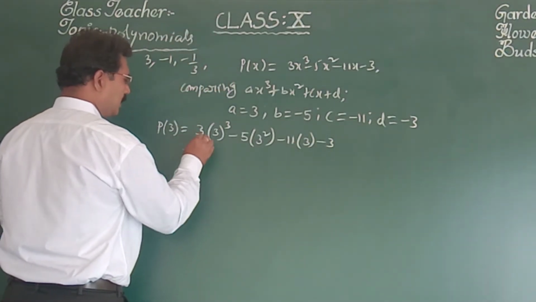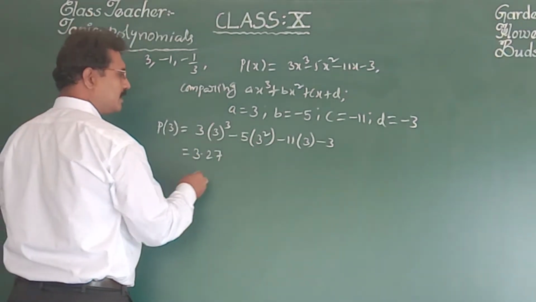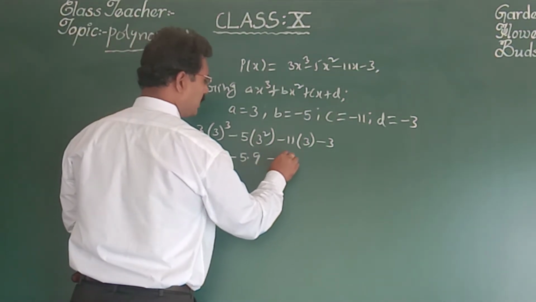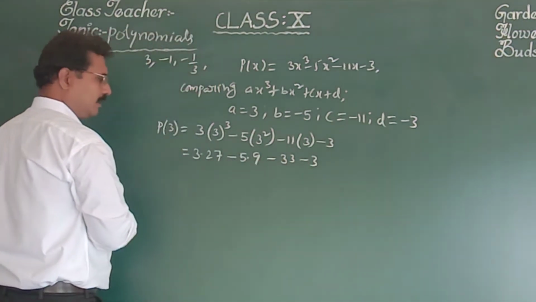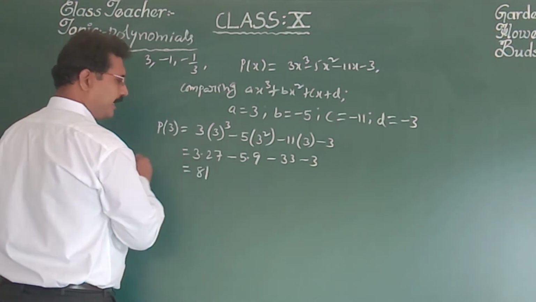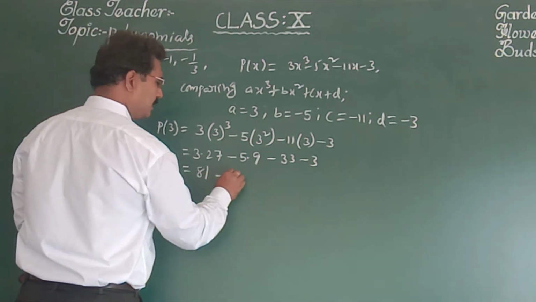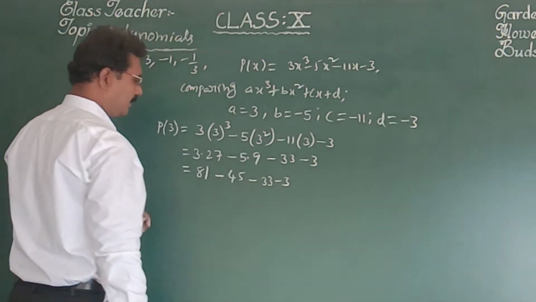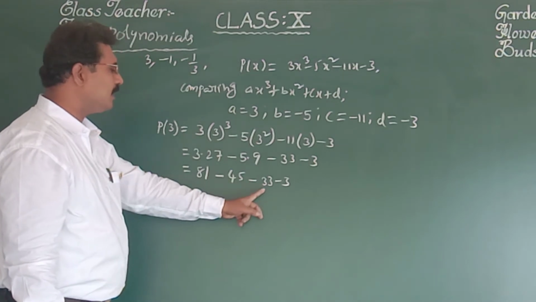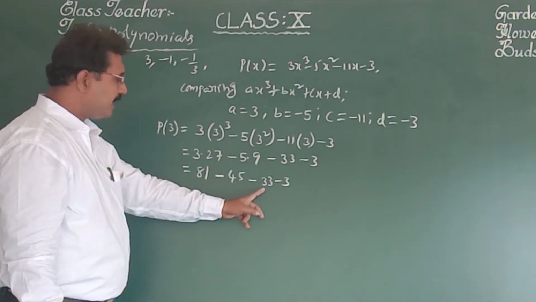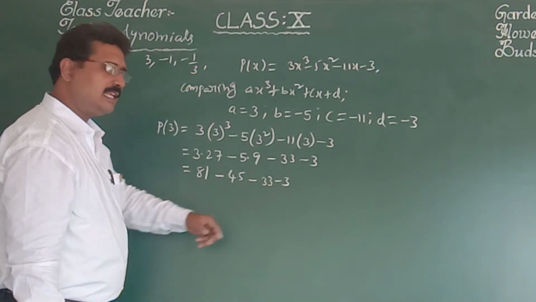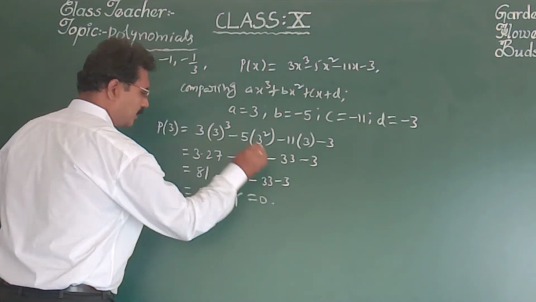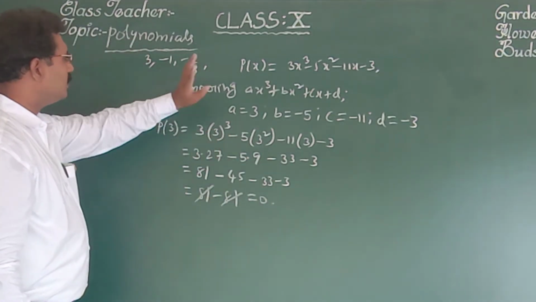So which is equal to 3 into 3 cube, 27, minus 5 into 3 square, 9, minus 11 into 3, minus 3. 27 threes are 81, minus 9 fives are 45, minus 33, minus 3. Minus 45, minus 33, minus 3 is minus 81. So 81 minus 81 is equal to 0. So that's why P of 3 is equal to 0.